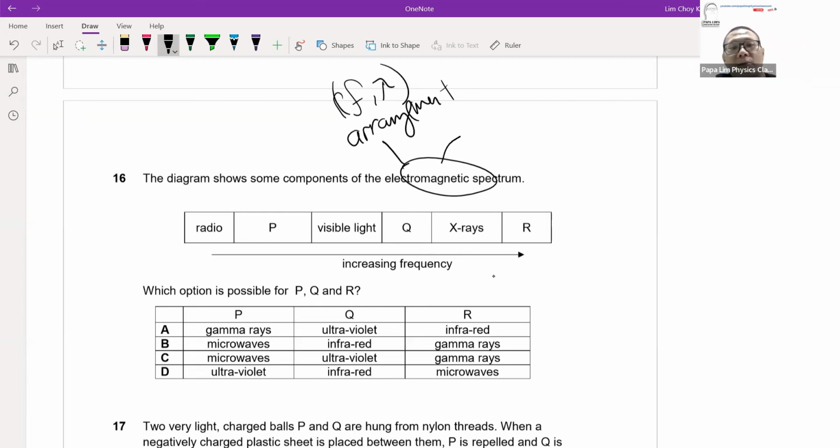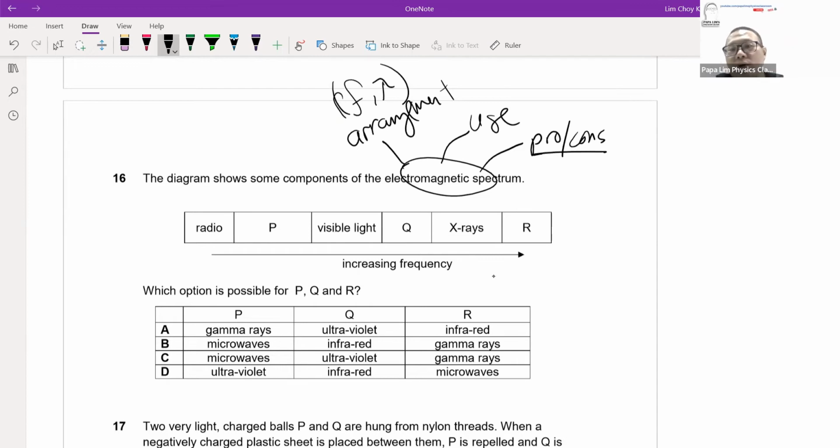The other aspect we look at is the uses of gamma rays, X-rays, infrared, ultraviolet and all these components. Then there is a small section on the harmful effects or disadvantages, the pros and cons of these waves.